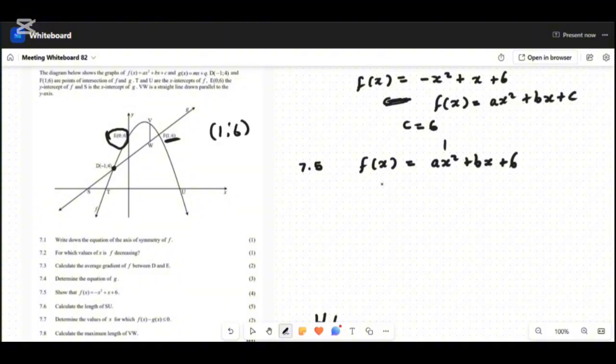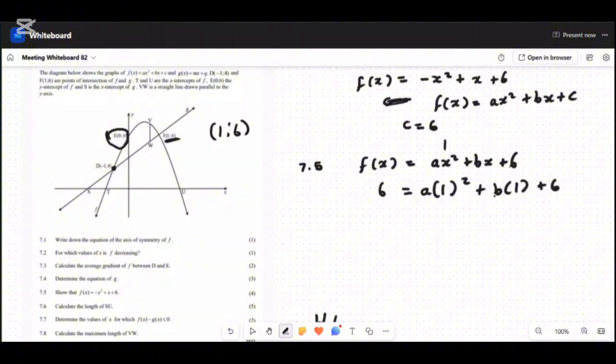So in the value of y, I'm going to substitute 6 is equal to A into 1 squared plus b into 1 plus 6, right?